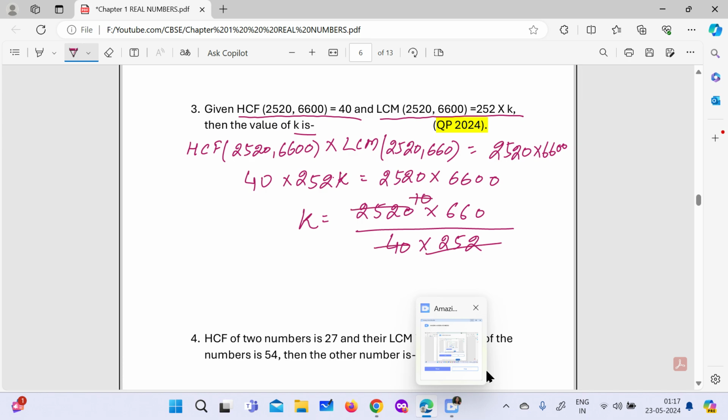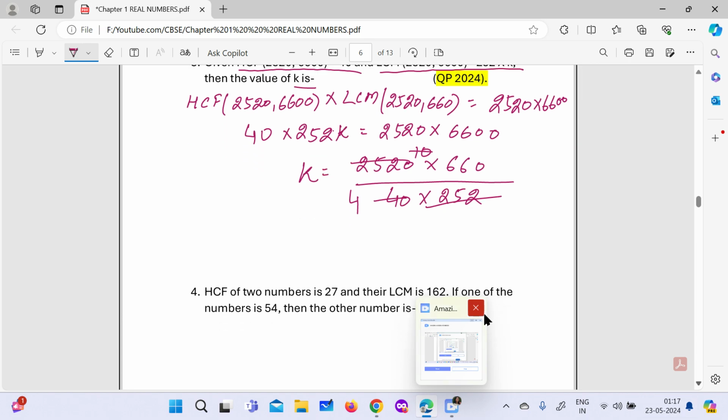10, and then we have here 4, and then we can divide this as well. Okay, so you have this 6000. No, this is 6,000. One moment.